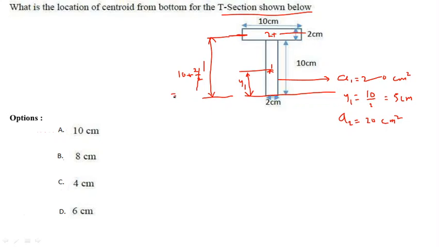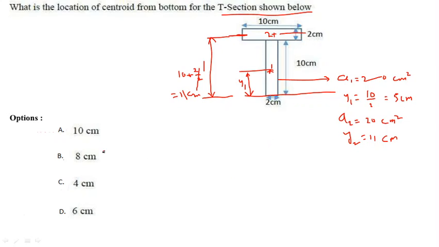So finally we get y2 equal to 10 plus 1, which is 11 centimeters. Now I have calculated the centroid of rectangle 1 and rectangle 2.